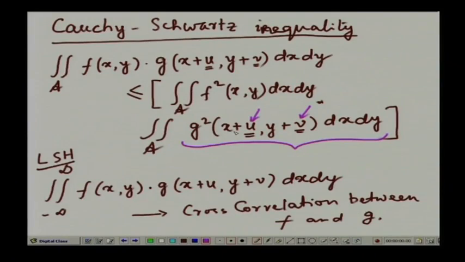So what we have to go for is what is called a normalized cross correlation.